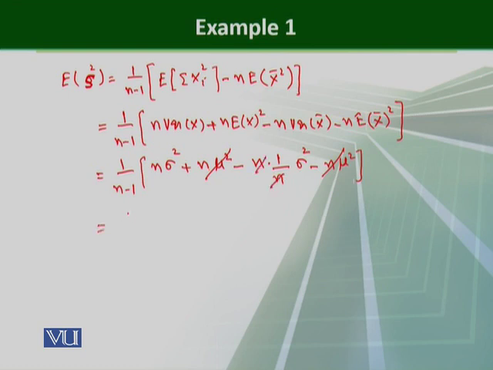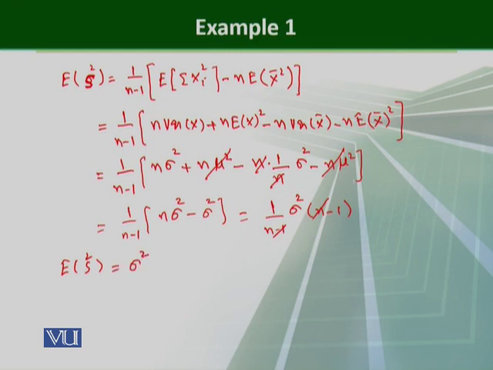Then we have 1 over n minus 1 into n sigma square minus sigma square. So that is basically 1 over n minus 1 into n minus 1 sigma square. If you take the common factor, that is n minus 1, and this will cancel out. So the expected value of s square is sigma square.